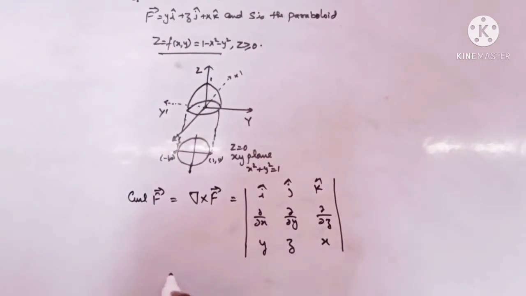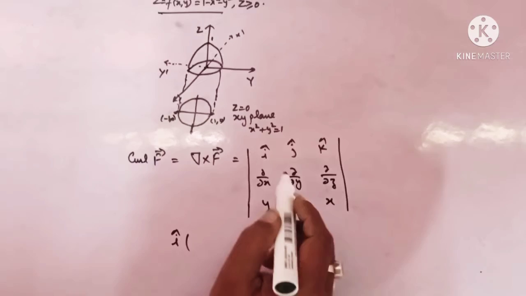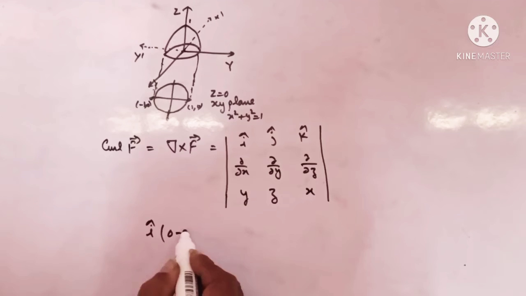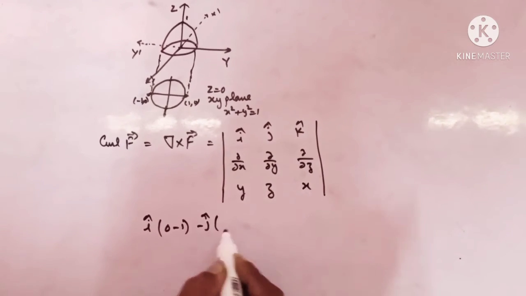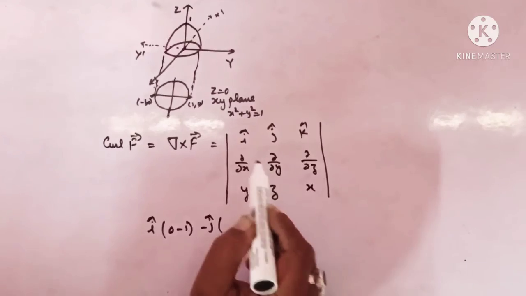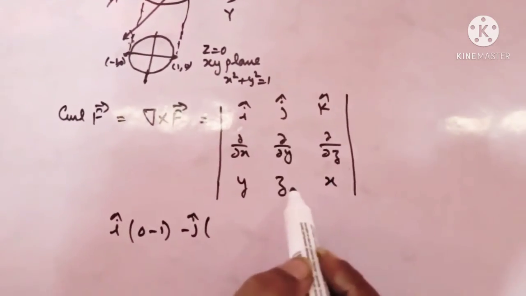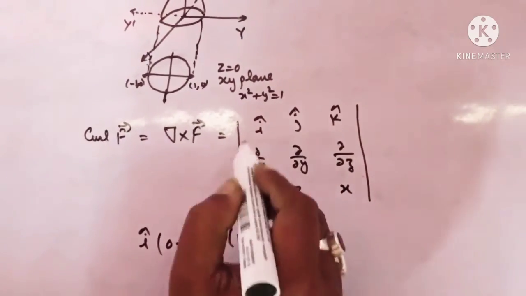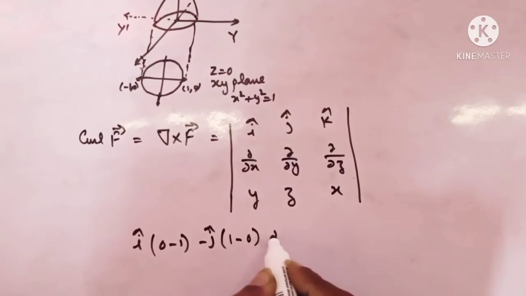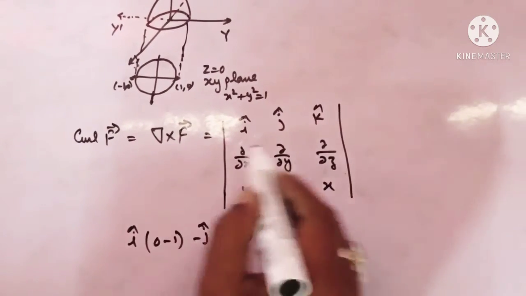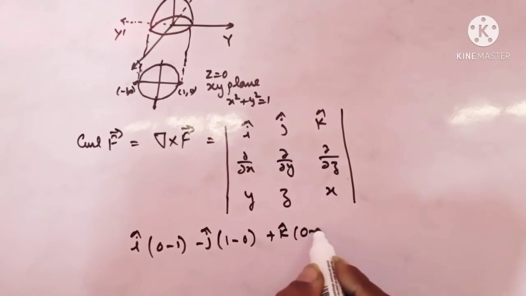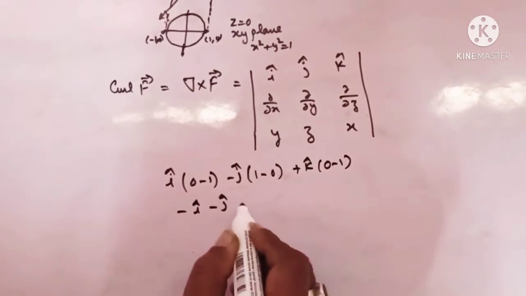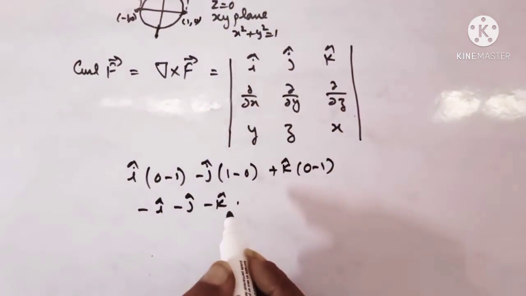After the cross product, this will be i cap times (0 minus 1), minus j cap times (0 minus 1), plus k cap times (0 minus 1). So minus i cap minus j cap minus k cap is the curl of F.